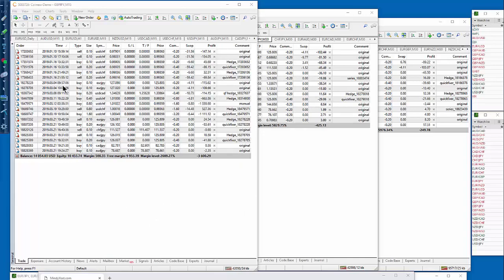What we see on this first account, which is the Magic EA trading 12 pairs on 15-minute time frames, is that the negative PL is beginning to inch its way back up again.